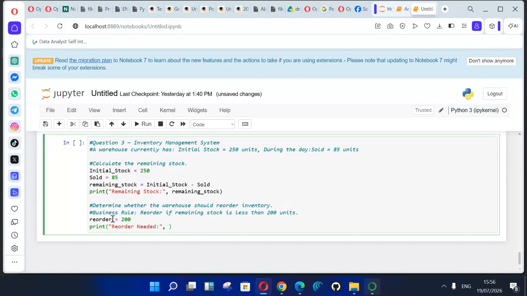Reorder needed. So now say that's if remaining stock is less than 200.